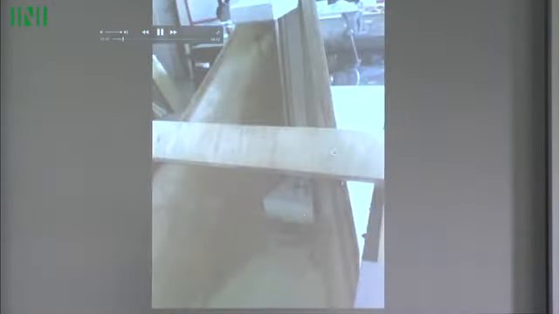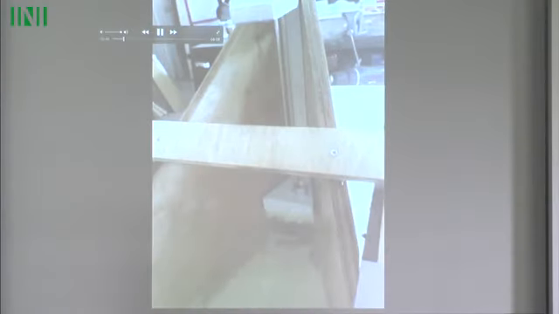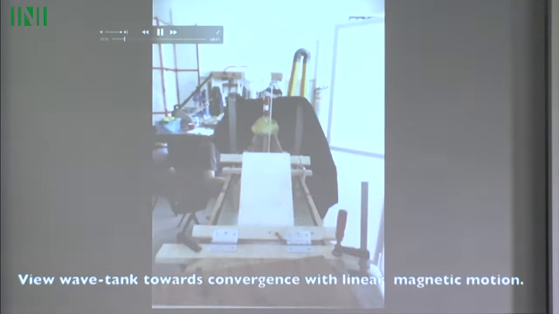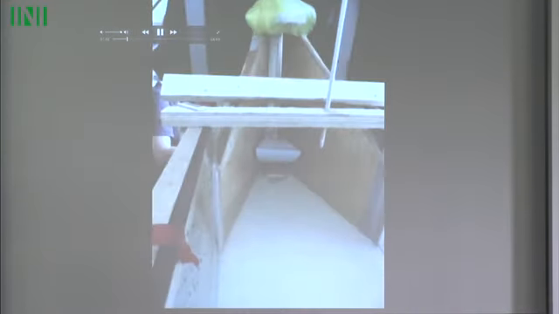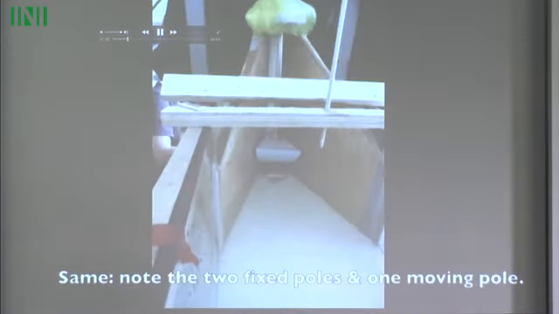This is the convergence. This is the buoy, which has here a flat surface, but then we made it into a simplex to avoid splashing, so that it heaves up better. Here we put the coils in, and in a second you'll see how the idea came about. It's a deconstructed Faraday shaking lamp.